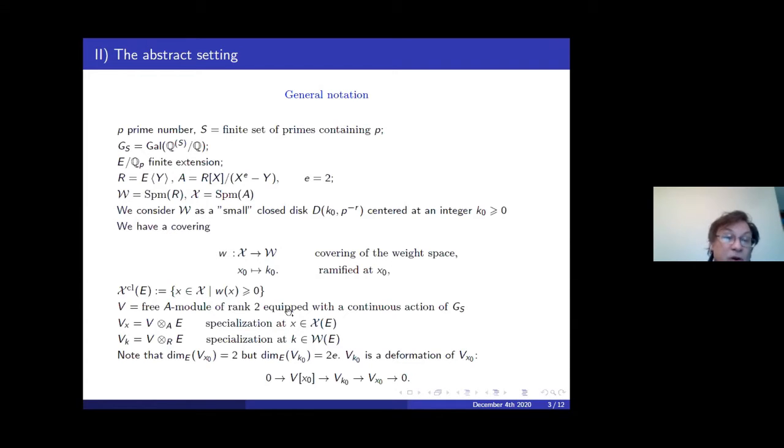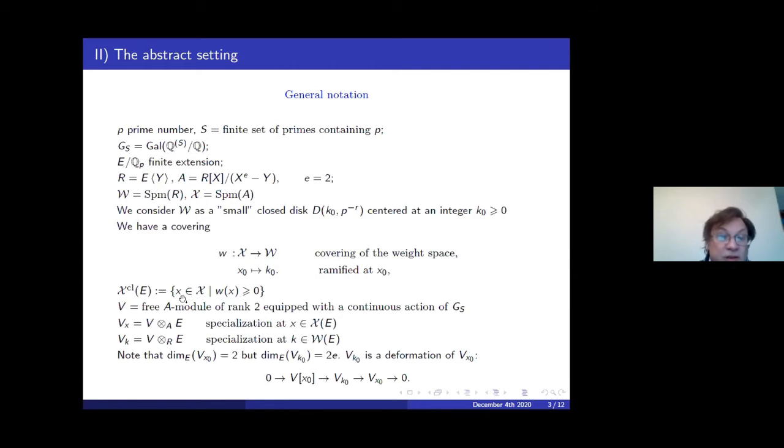Also, we can always consider points of integral positive weight, which we will denote by X classical.